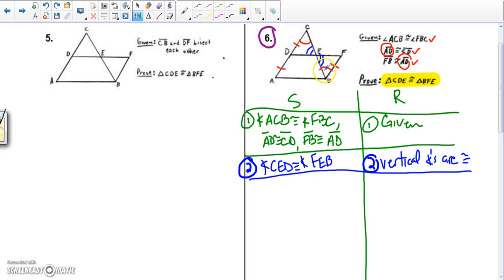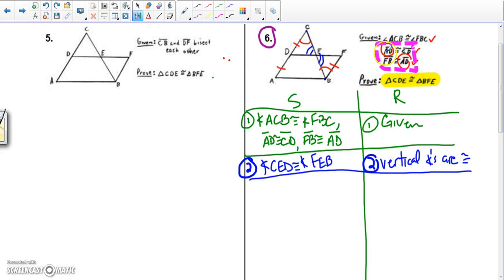And looking at this picture, we have our vertical angles. It was given to us that angles C and B were congruent. And now it looks like CD is congruent to FB. It looks like there's our third piece already. But keep in mind, those two haven't been linked together yet. But it looks like they can be. Here's our key.